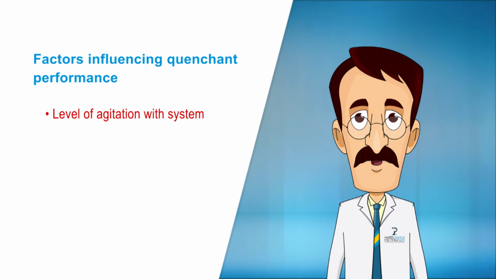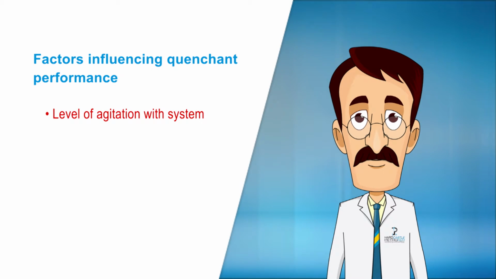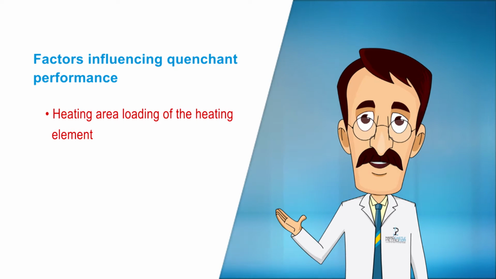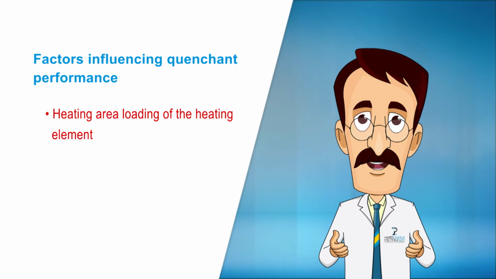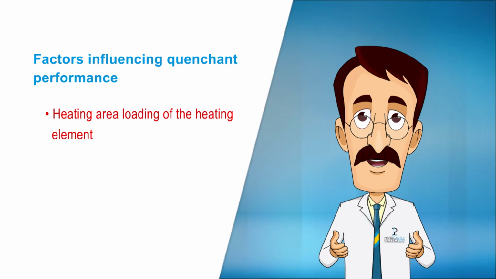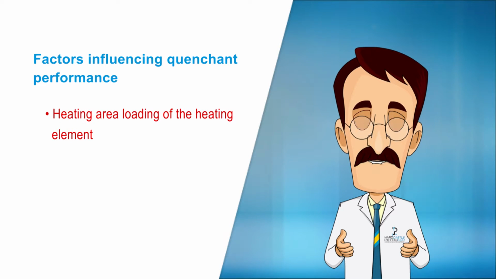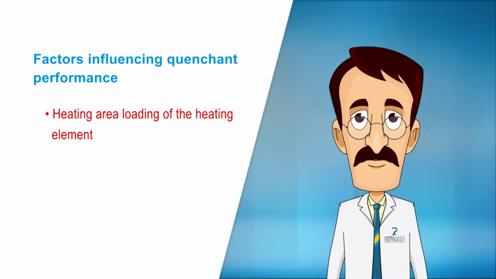This condition will result in foaming and increased oxidation of the oil. The heating area loading of the heating elements should be limited to about 1 watt per centimeter square. If a higher loading is used, good movement of oil in the area of the elements must be maintained to avoid overheating.